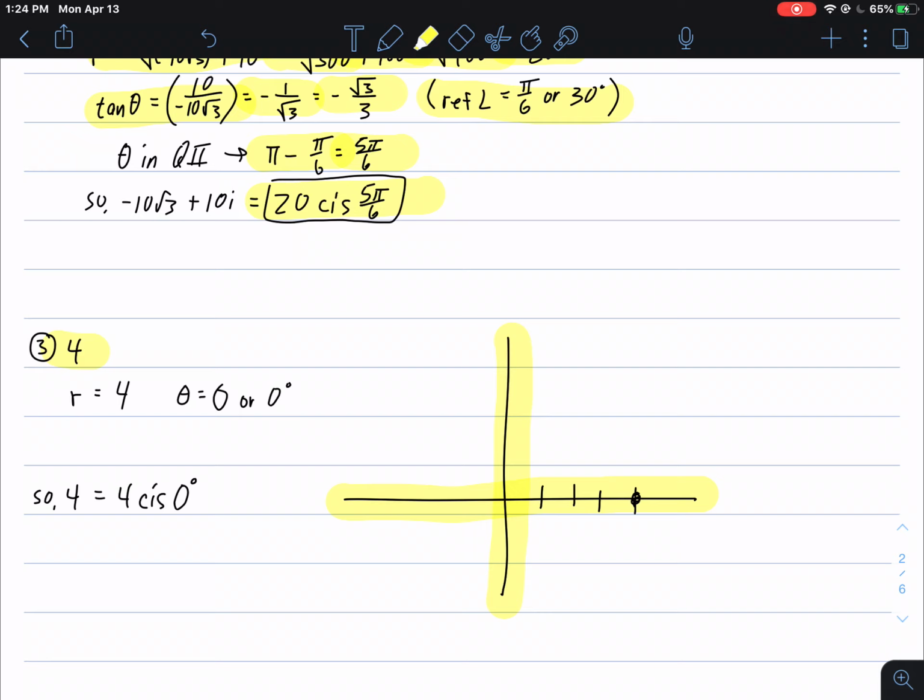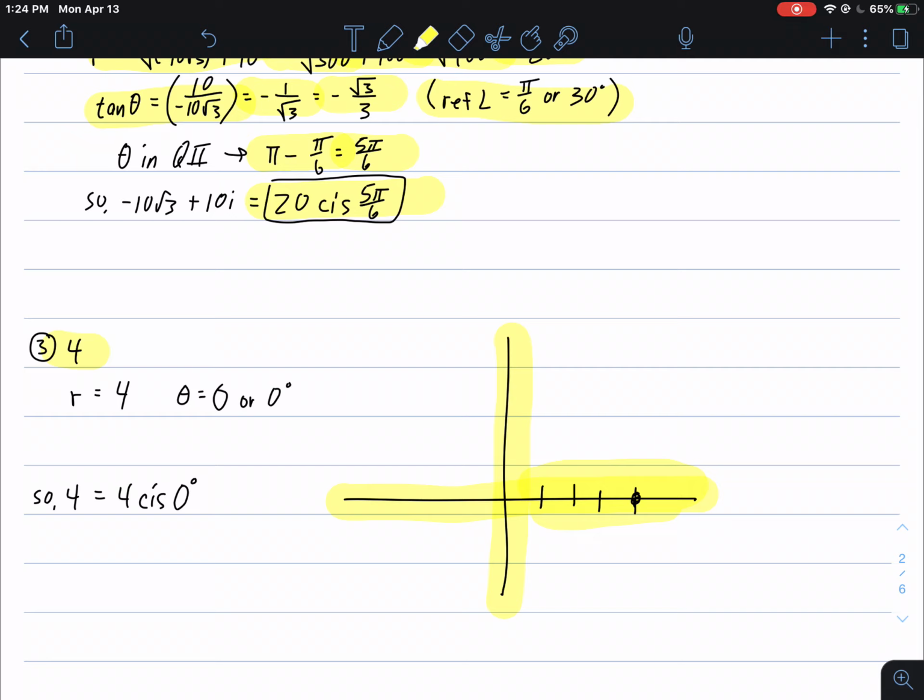What is theta? Well, it's located on this positive x-axis, where theta would be either 0 or 0 degrees, right? 0 radians or 0 degrees, whichever one we need to use. So yeah, it just makes it a little bit quicker, a little bit more straightforward. I don't have to go through all the fancy formulas and calculations. If you just recognize the pure real or pure imaginary number lying on an axis, it's a little bit easier to find r and theta.